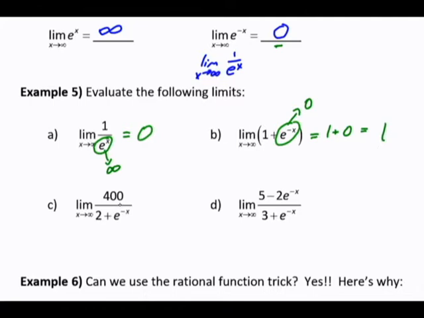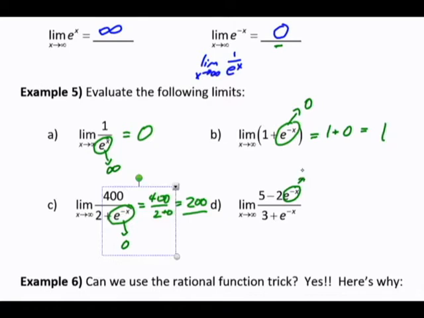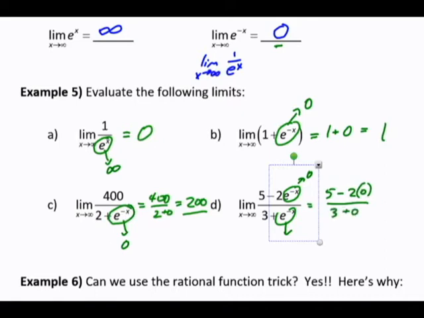Similarly, we have e to the minus x. That's headed towards 0. This will be 400 over 2 plus 0, which is just going to be 200. Finally, e to the minus x goes to 0. And so our limit is 5/3.